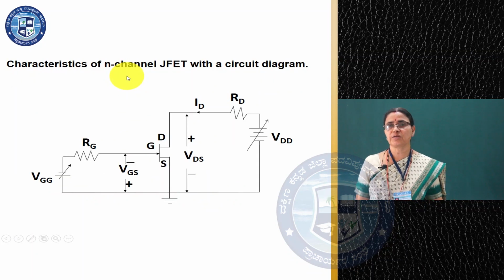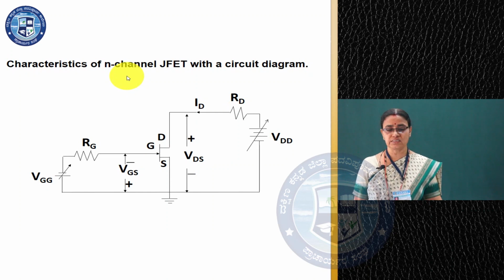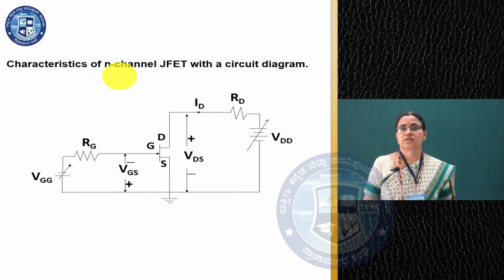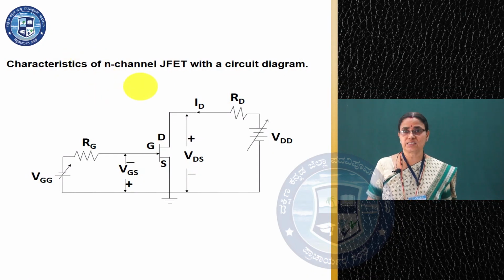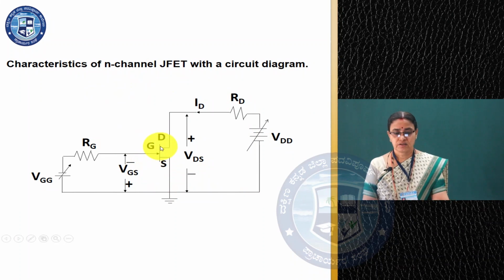Next topic, it is very important: characteristics of an N-channel JFET with a circuit diagram. Here we can compare the BJT characteristics to this circuit diagram: the emitter is nothing but the source, the base is nothing but the gate, and the collector is nothing but the drain.